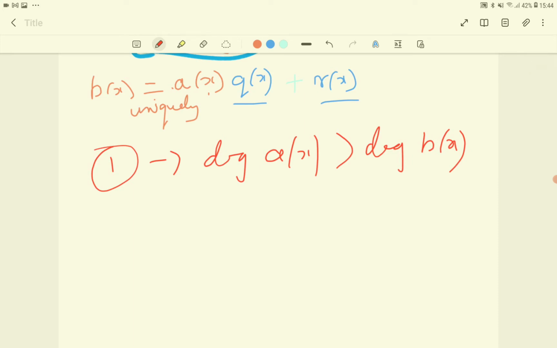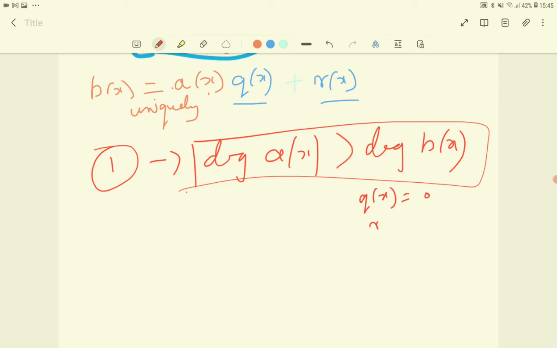Because if q of x is not 0, then the degree of r of x will be greater than or equal to the degree of b of x, and in that case our first condition is violated, which is that the degree of r of x should be strictly less than the degree of a of x. So this implies a unique q of x and r of x, and in this case q of x is equal to 0 and r of x is equal to b of x.